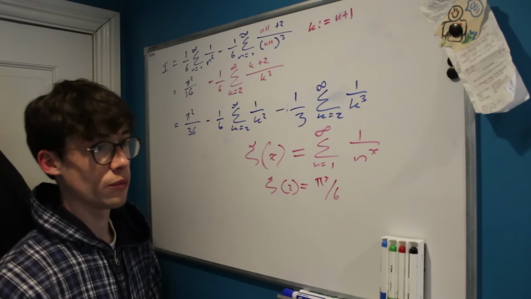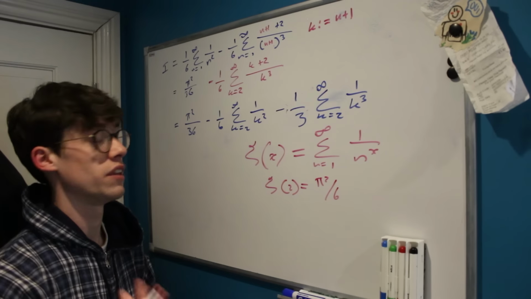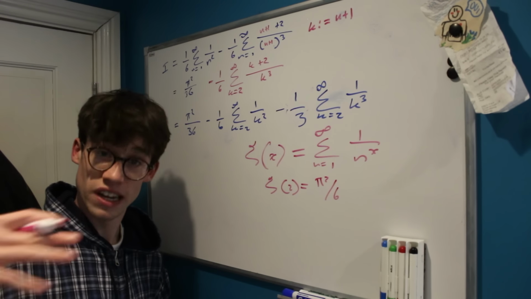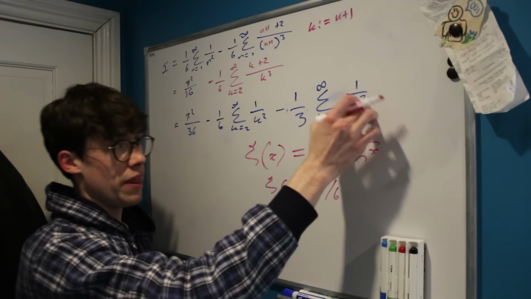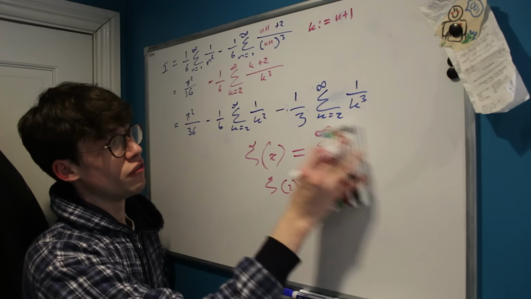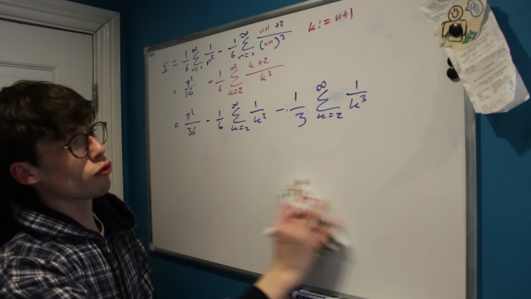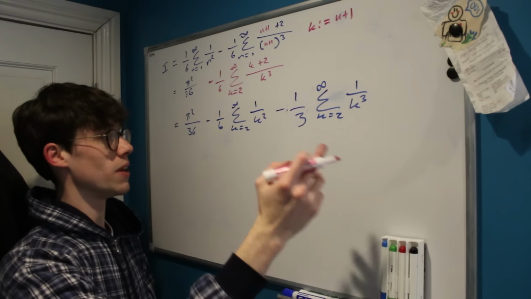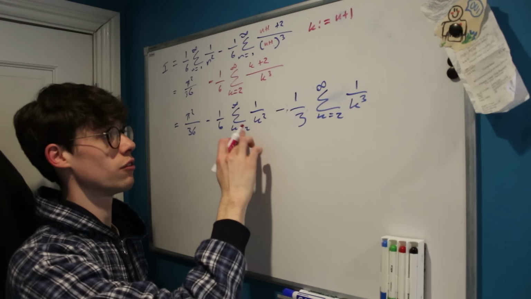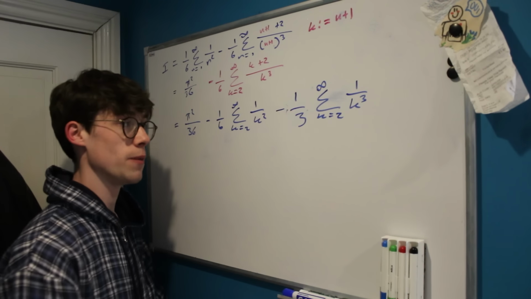The sum of the reciprocals of the powers of 10, so 1 over 1 to the 10 plus 1 over 2 to the 10 plus 1 over 3 to the 10 on to infinity, would be zeta of 10. This sum here looks very close to zeta of 3, except we're just starting 1 higher than we should be. And similarly, this is very similar to zeta of 2, we're just starting 1 higher than we should be.